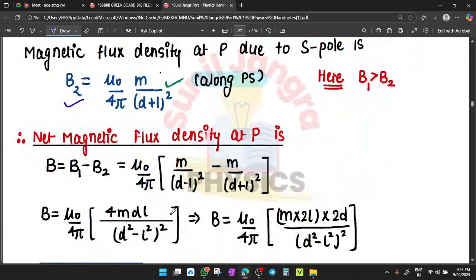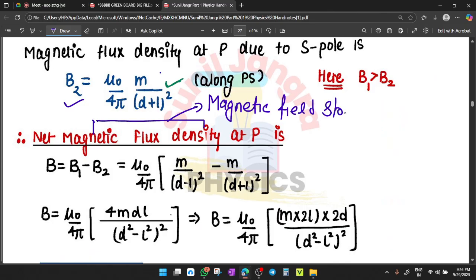Now, the net magnetic flux density, or you can say magnetic field strength. In place of magnetic flux density, you can take the name magnetic field strength. So the magnetic field strength is given by B equals B1 minus B2.